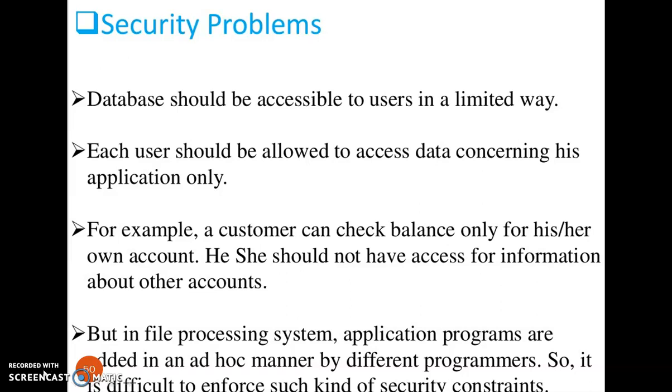He or she should not have access to information about the other accounts. But in a file processing system, application programs are added in an ad hoc manner by different programmers. So it is difficult to enforce such security constraints.